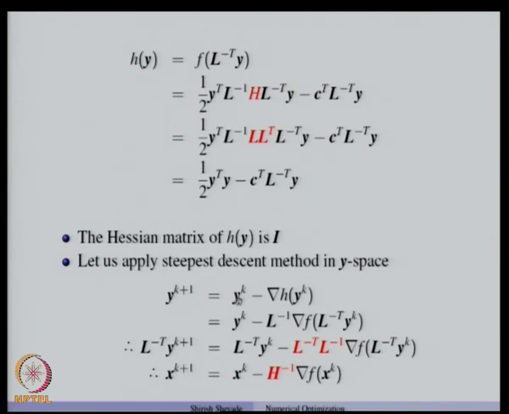That corresponds to the steepest descent direction in y space, and this steepest descent direction in y space would converge to the optimal point in one step, because the Hessian of the objective function h of y, which also corresponds to f of L transpose inverse y, is an identity matrix. So, if we apply the steepest descent method to the function h of y, we reach the solution in one step, and that corresponds to deflecting the negative gradient direction by H inverse.